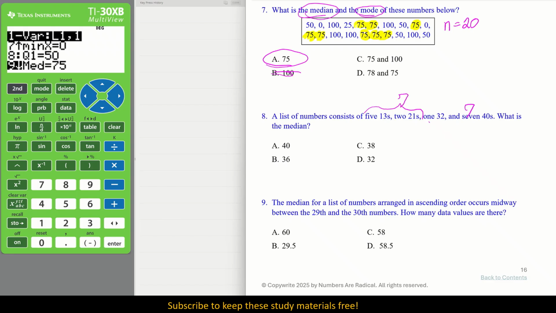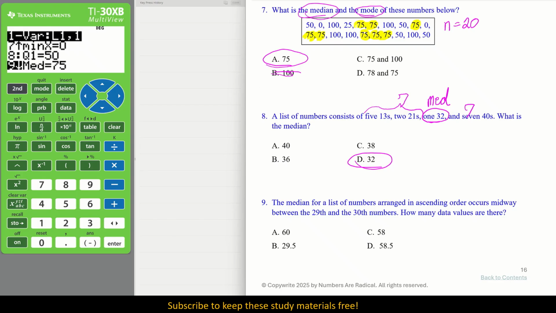And smack dab in the middle is the 32. Who's in the middle? The value of 32. That is your MED. Your median is always the value in the middle, literally in the middle. Okay. All right, we didn't even need a calculator for that.